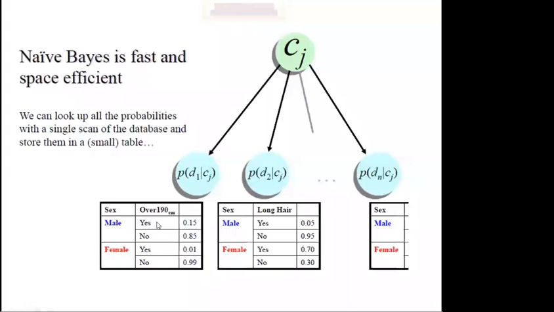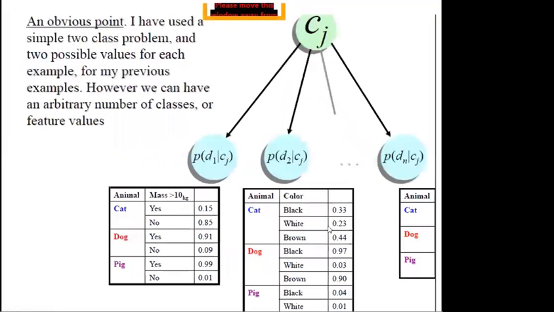If it is no, what is the probability? In female also, if it is yes, what is the probability? If it is no, what is the probability? Long hair, male and female, yes, no, yes, no. You have to write down the probability of all these classes. You have to make the table like this.